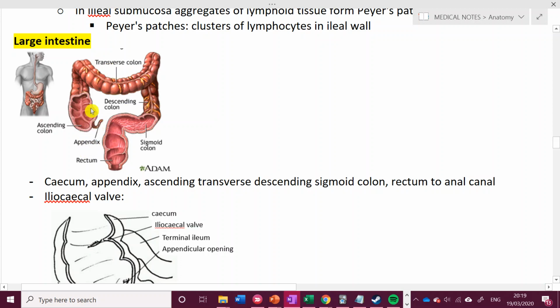This is the appendix, which should be attached to the cecum, and then the ascending colon, the transverse colon, descending colon, sigmoid colon, which looks like an S, or is supposed to, and then the rectum, which means straight in Latin, although it's not usually straight in a standing human, but it can be if you're sitting down, and from the rectum to the anal canal.